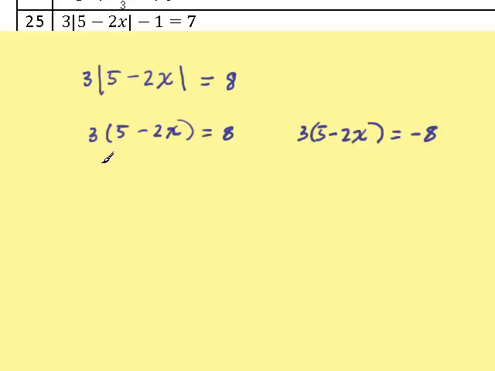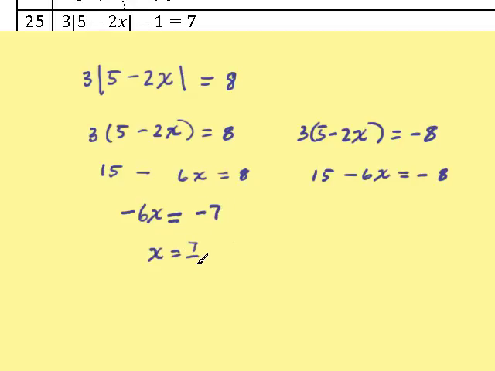And we'll just solve both of these. So here we have 15 minus 6x equal 8. 15 minus 6x is equal to minus 8. Actually, let me just work on one at a time. Let's work on this one. So subtract 15 from both sides, and we have minus 6x is equal to negative 7. And so we have x is equal to 7 over 6.